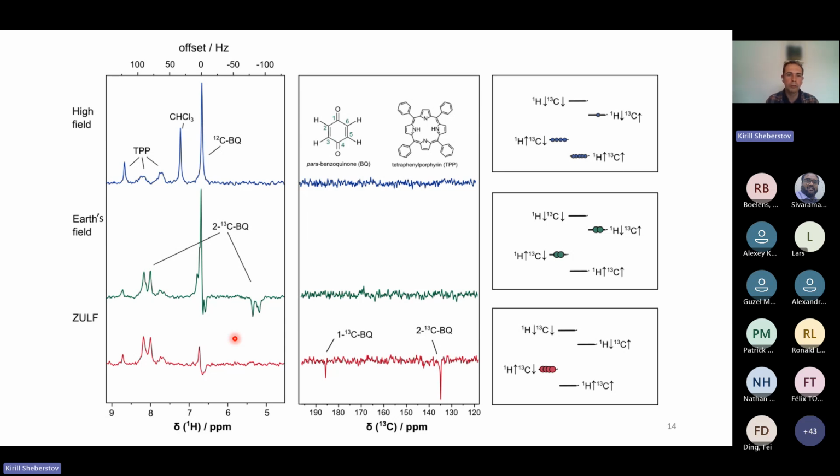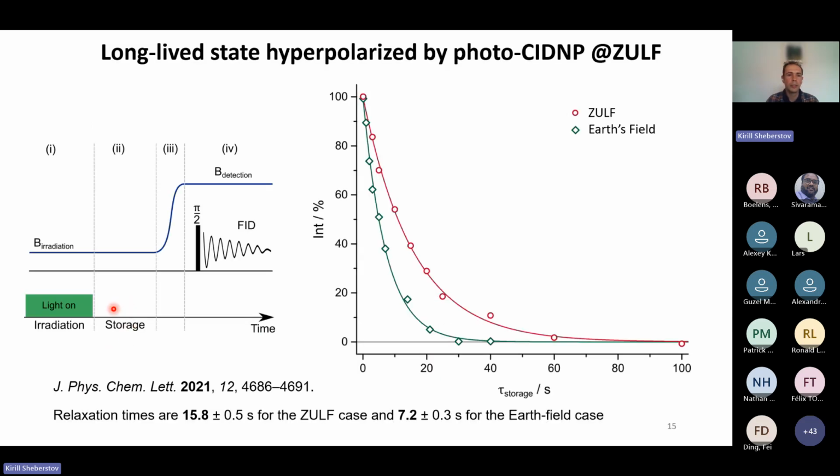Now, can we see how these long-lived states decay over time? Can we prove that the state polarized at ZULF is indeed long-lived? In order to do this, we repeated the experiments and introduced an additional storage delay at low field immediately after preparation of the hyperpolarization. And then again, we transferred the sample into the benchtop NMR for the detection, and we acquired the spectra as a function of storage time.